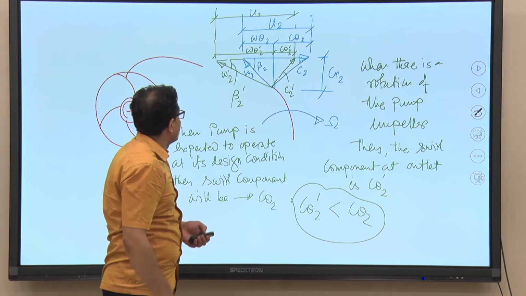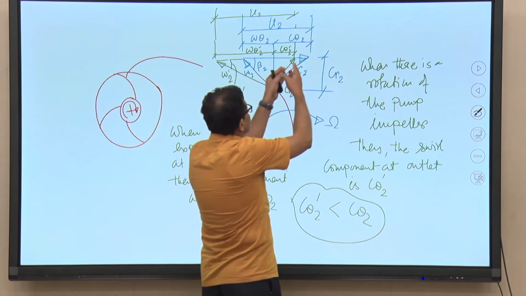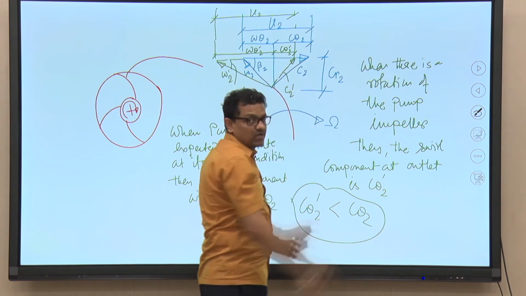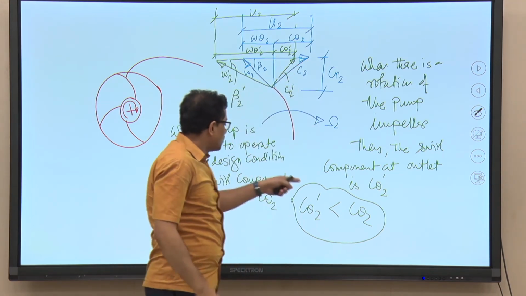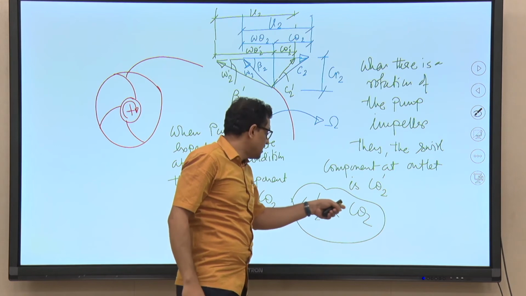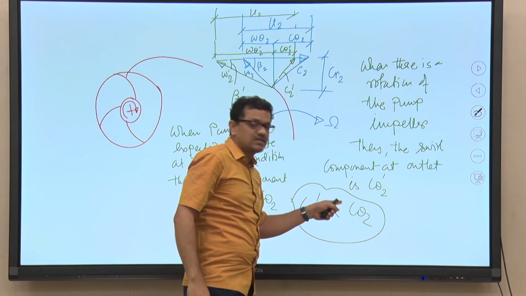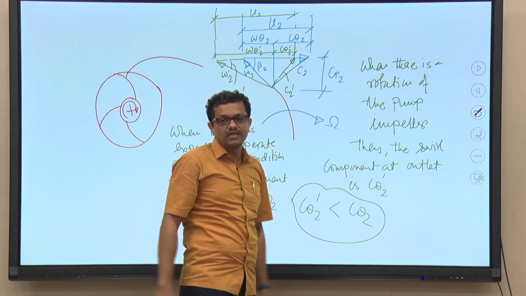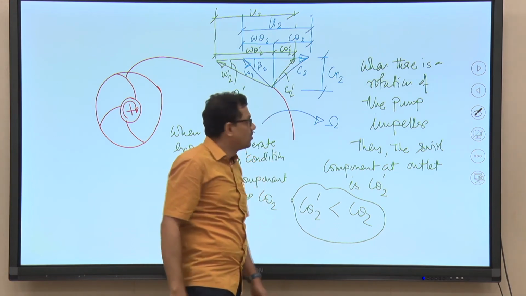Okay. So what we can see from this diagram is that the swirl component of velocity is getting reduced at the outlet, right. So C theta 2 prime is less than C theta 2. The reduction of the swirl component of velocity at the outlet is nothing but the slip velocity.